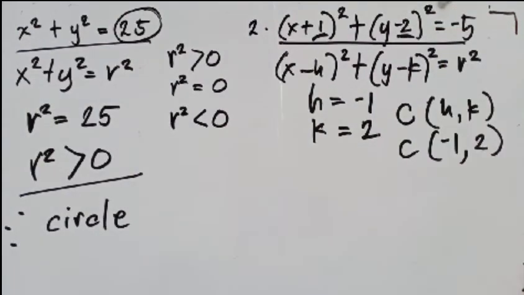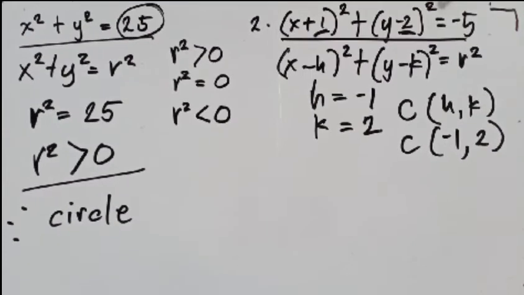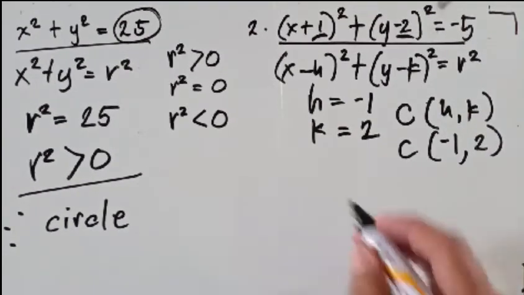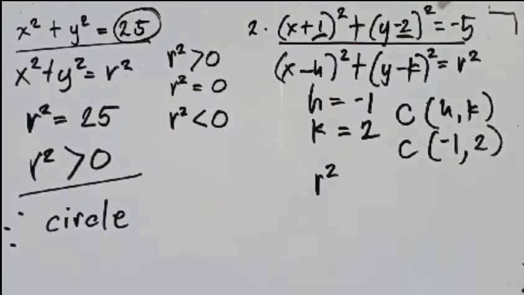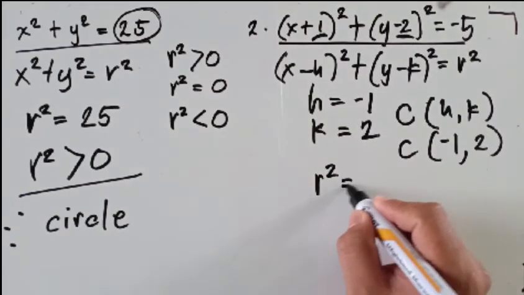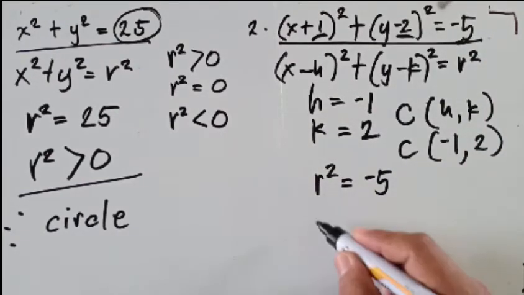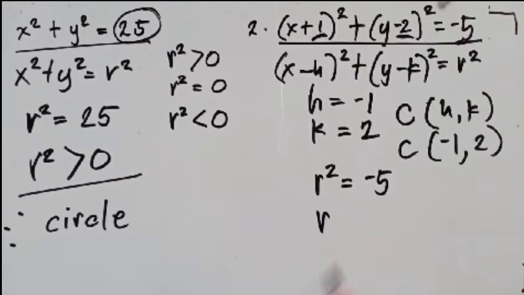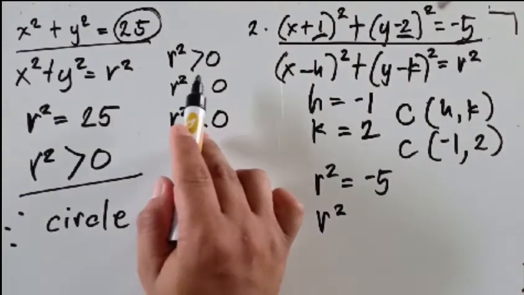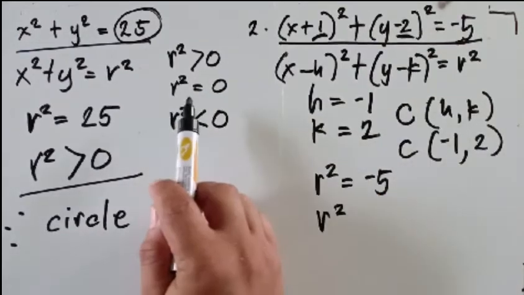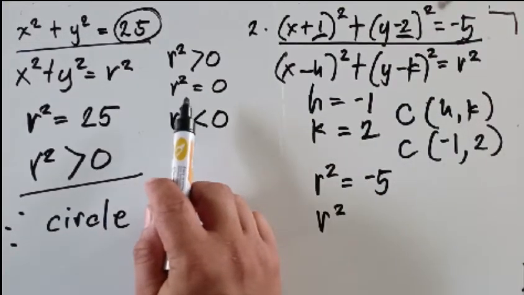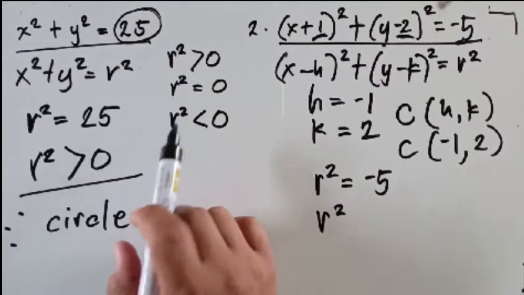But we need to know whether it is really a circle, a point, or a null set. If I ask you what is the value of r squared, yes, you are correct, it's negative 5. Now, another question. Is negative 5 greater than 0? No. Is negative 5 equal to 0? Of course not.